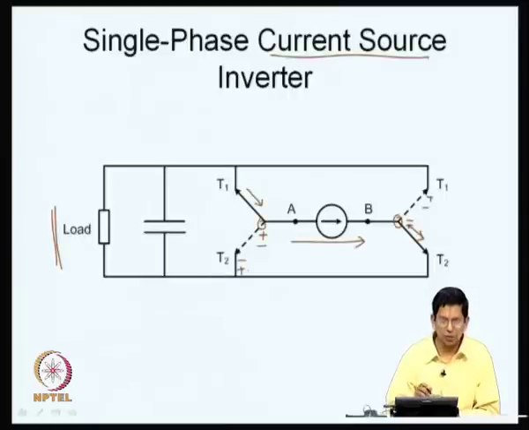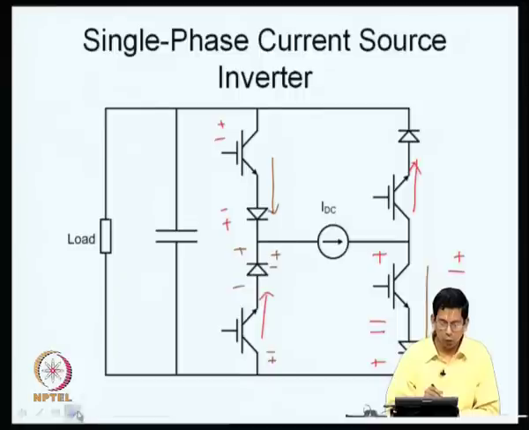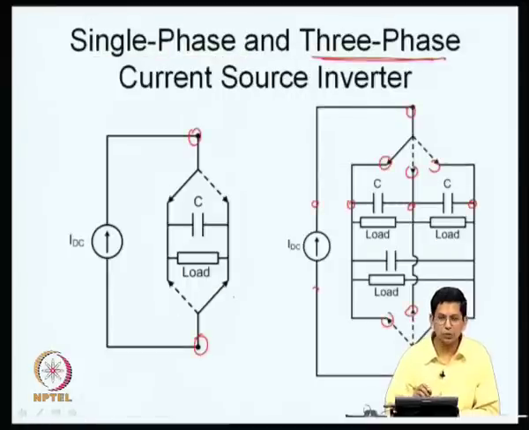In a current source inverter, again you may have a single pole double throw switch with unidirectional conduction, but bidirectional voltage blocking capability. And if you go to a 3 phase current source inverter, you will need 2 single pole triple throw switches. Now, all this is to recollect, so that we have our ideas clearer before we launch onto whatever we need to see today.